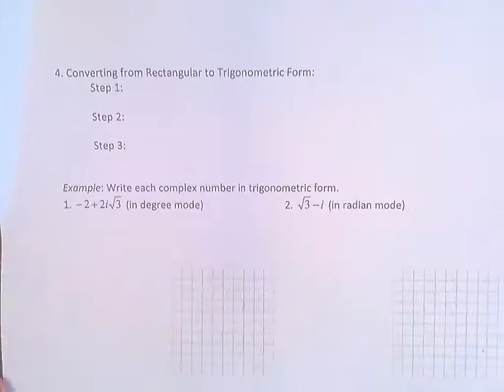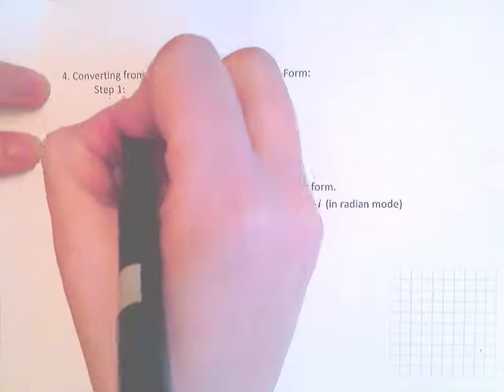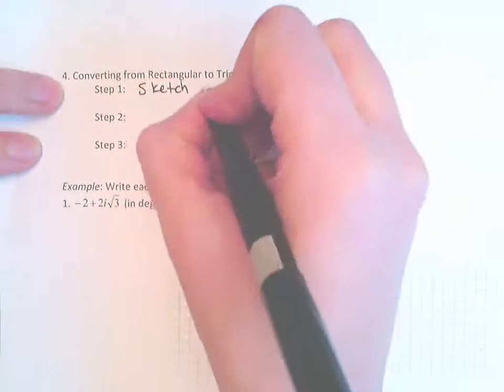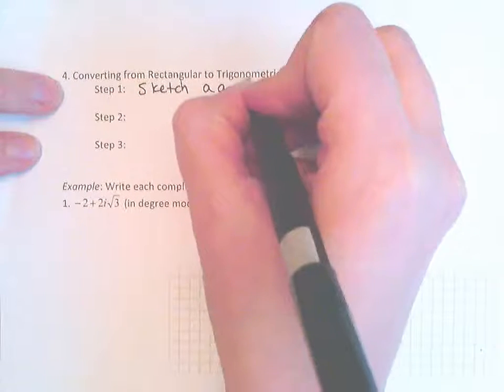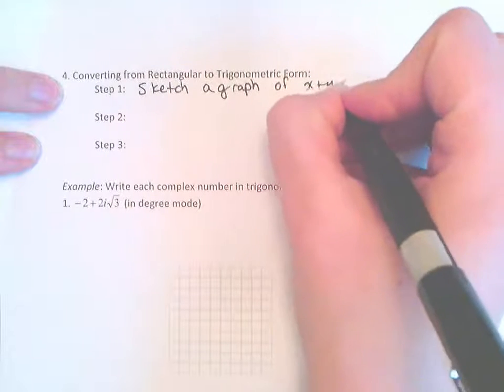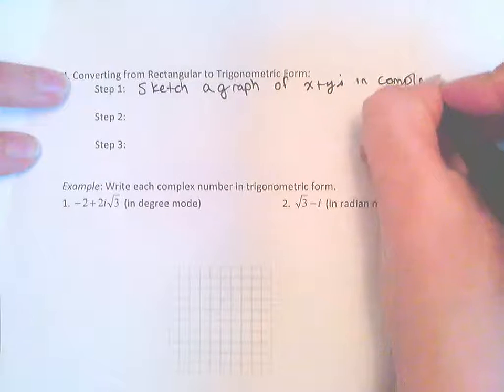Alright, converting from rectangular to trig form, there are 3 steps. Step 1 is to sketch a graph of your x plus yi in the complex plane.